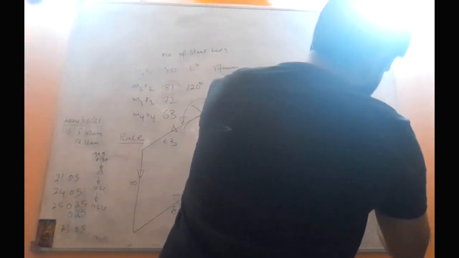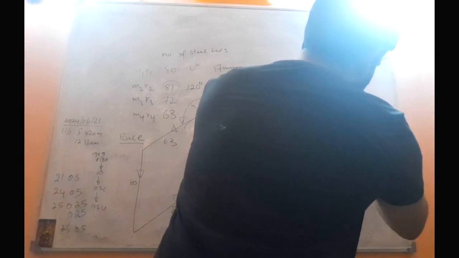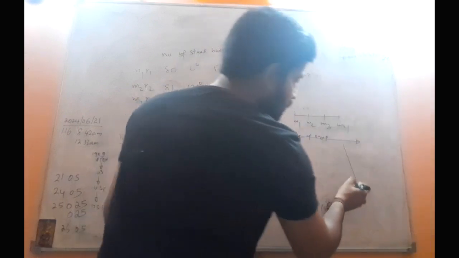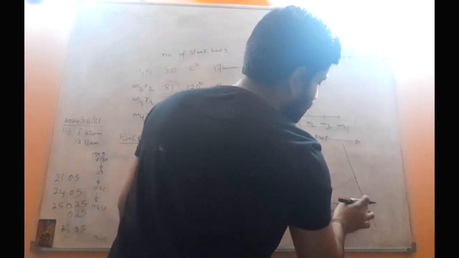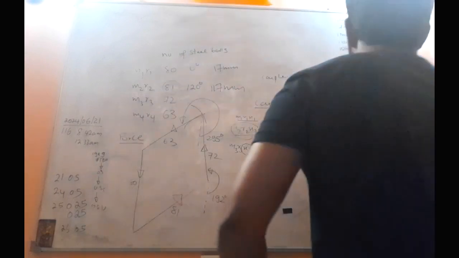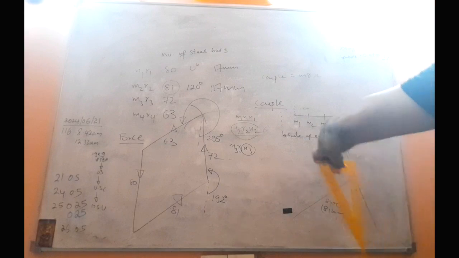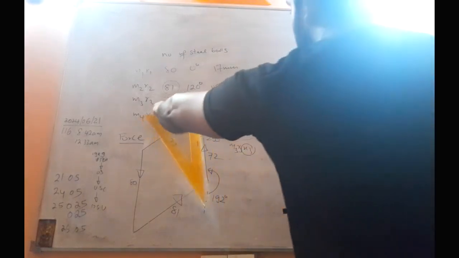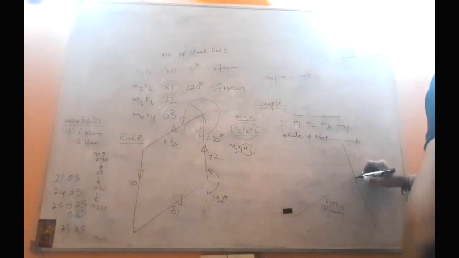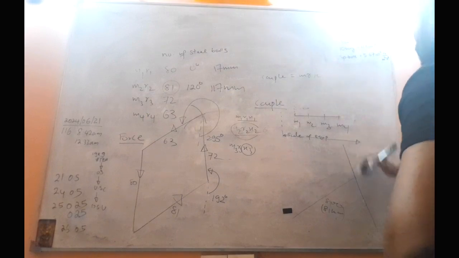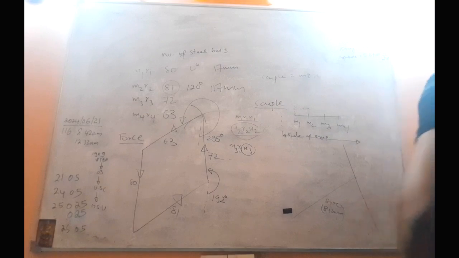But there is a doubt: we don't know whether it goes towards the upward direction or downward direction. Anyhow, this vector must be parallel to this one. Maybe from here towards the upward direction or downward, but we don't know.